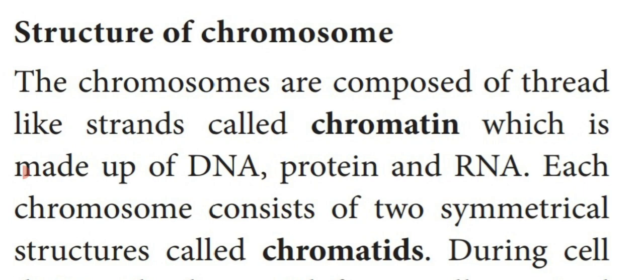Each chromosome consists of two symmetrical structures called chromatids. What is that one? Each chromosome which consists of two symmetrical structures is called chromatid.